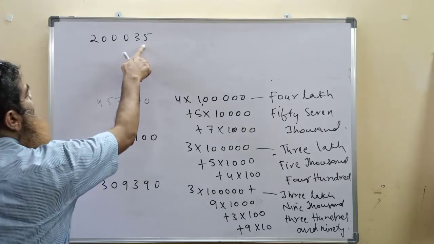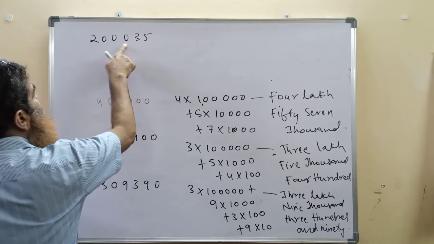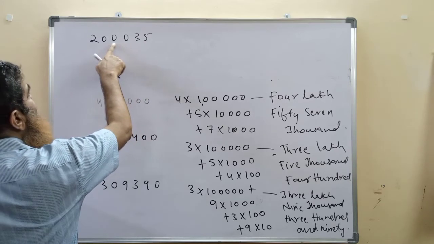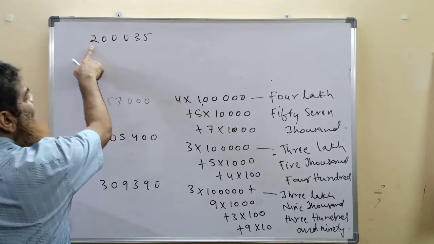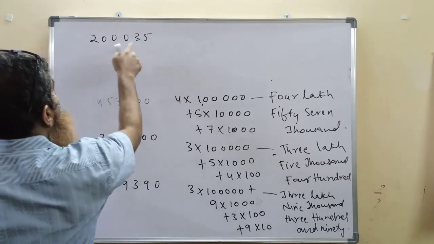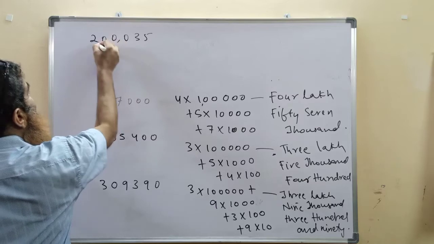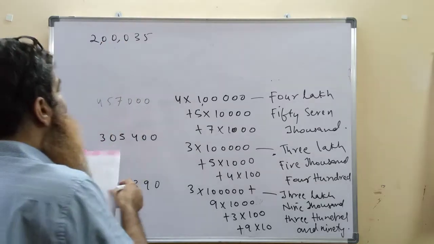Here we have 5, 3 5, 35. There is 0 in hundreds place, 0 in thousands place, 0 in 10,000 place. We have 2 in the lakhs place. So we have 2 lakhs 35.